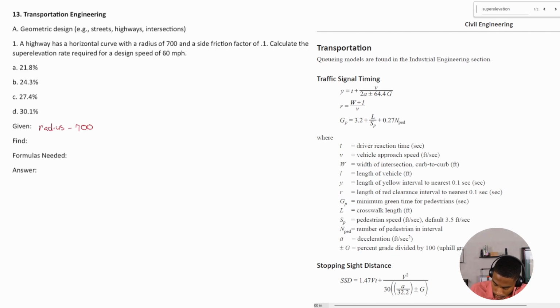We're given the side friction factor, which is 0.1. And we're also given speed, which is 60 miles per hour. What are we trying to find? We're trying to find superelevation.